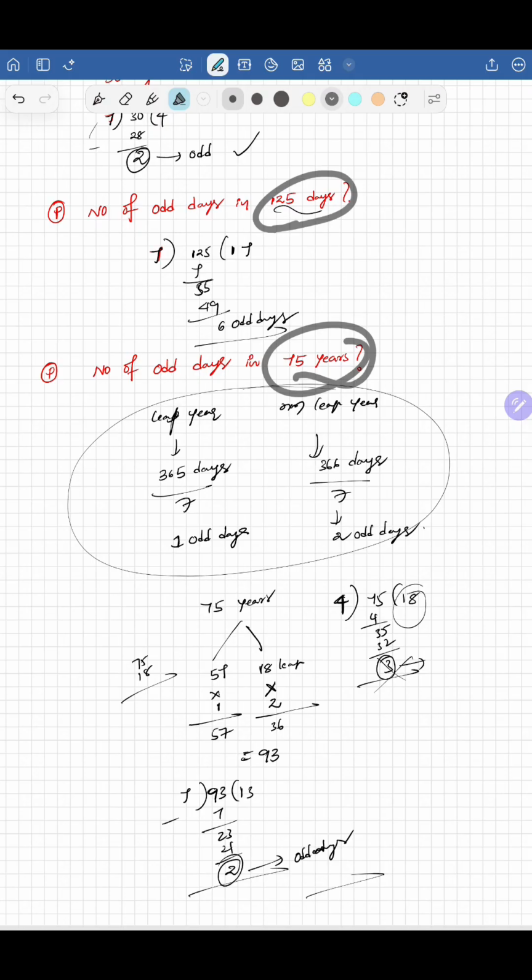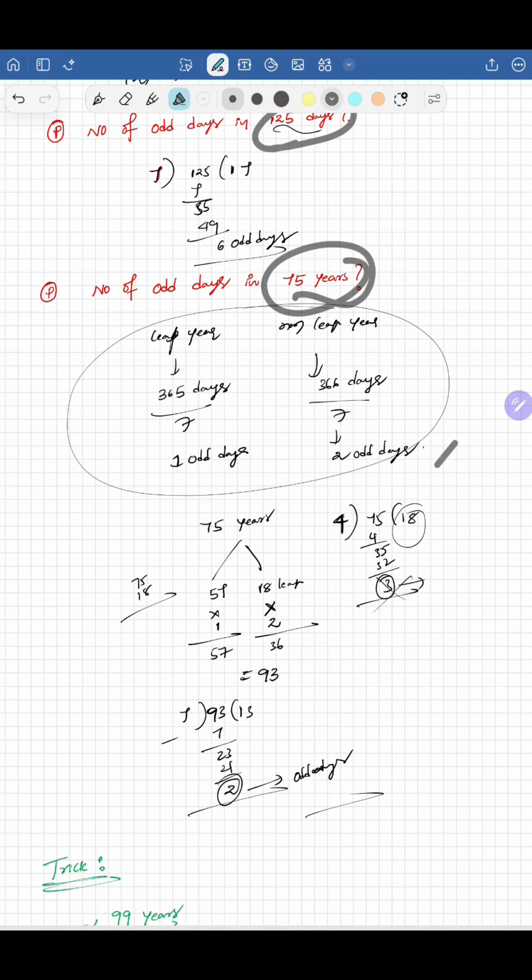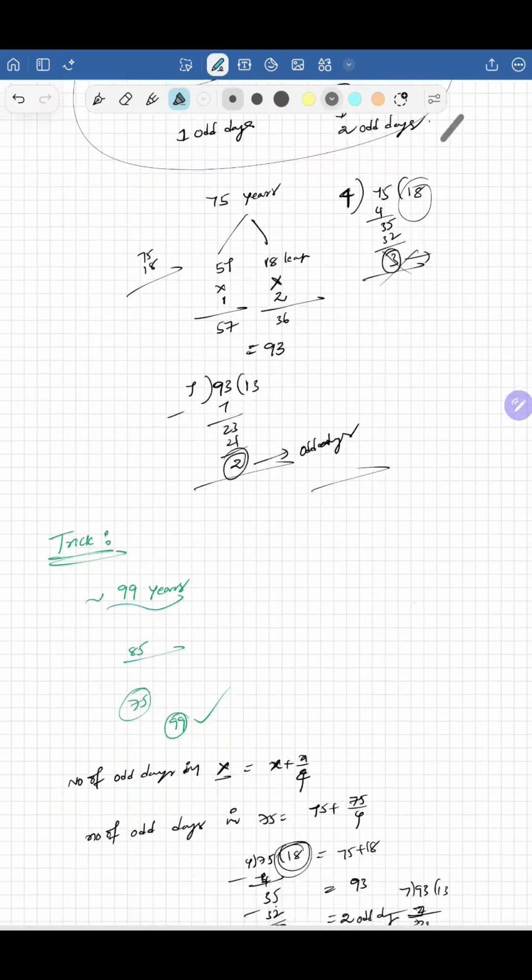Difficult, right? You need to convert, you have to separate into leap years and non-leap years. Then easily you can solve. If leap years come, then multiply by 2, and non-leap years by 1, and total you will get 93, just like days you will get. Then easily you can divide by 7, you will get the answer.